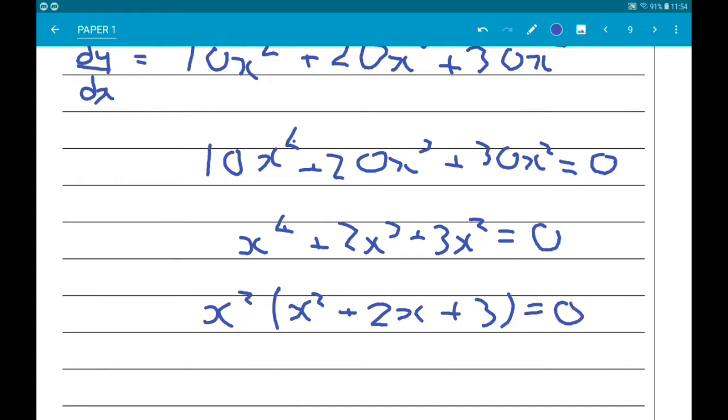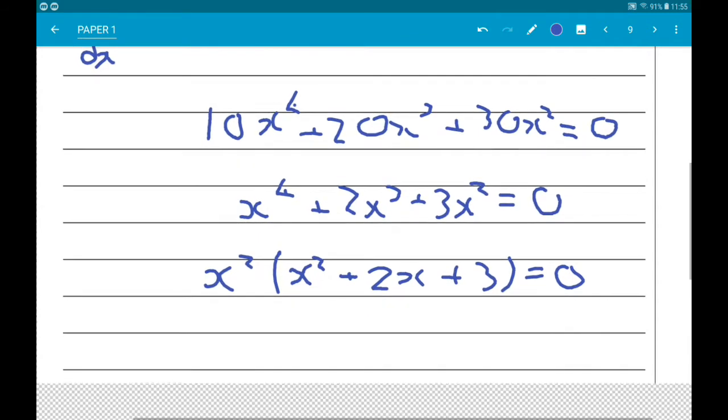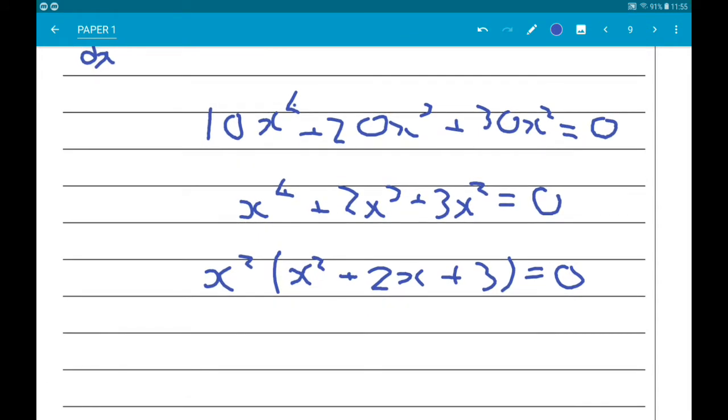What this tells us is there is at least one solution, which is x is equal to 0, from that x squared on the outside. So we can now write down there is at least one stationary point at x equals 0.